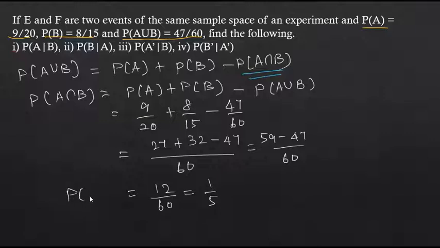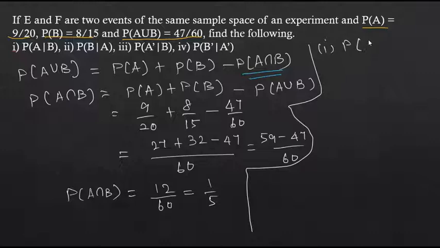So once you have found the probability of A intersection B, just apply the formula and you can get the answers. Now let us take up the first one: the conditional probability of A such that B has already occurred.